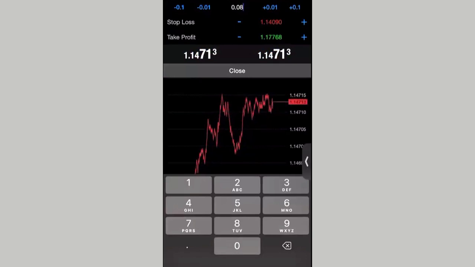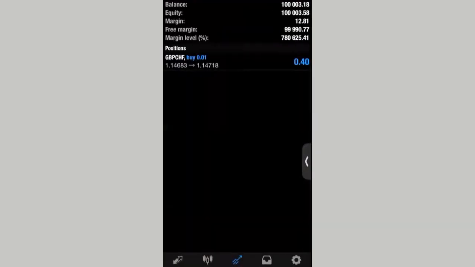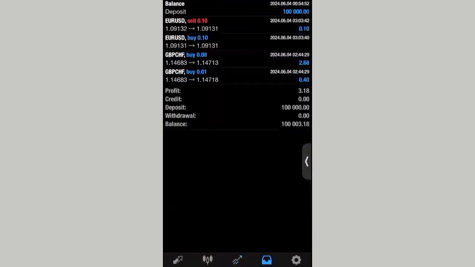So then I just go ahead and click close over here, but I had already closed that. It's not going to say close. But if, for instance, right now I have a 0.02, if I wanted to close half of it, I would do 0.01, right? And then click close. So now what's left is 0.01, and then 0.01 has been closed over here.